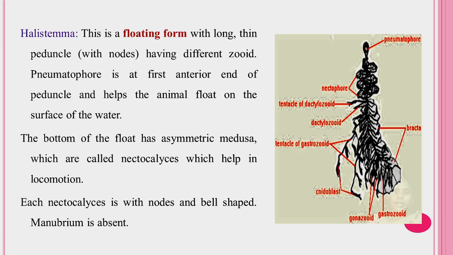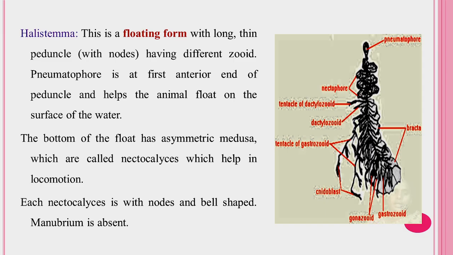The second example is Halistemma. This is commonly a floating form with a long and thin peduncle having different joints. The pneumatophore is at the anterior end of the peduncle and helps the animal float on the surface of the water. The bottom of the body consists of a float with asymmetric medusae called nectocalyces, which help in locomotion.